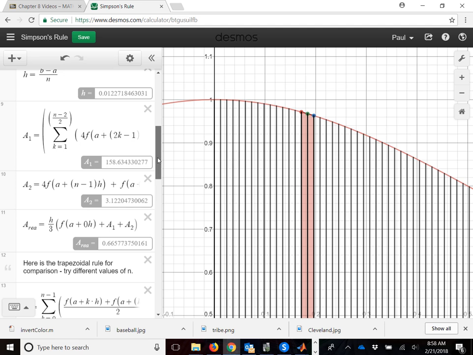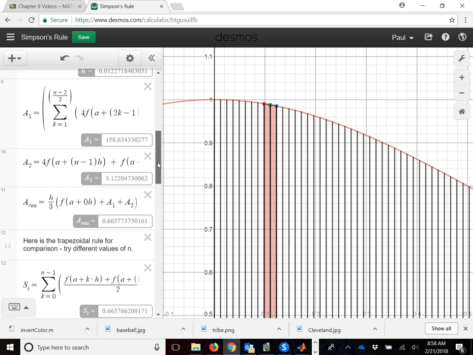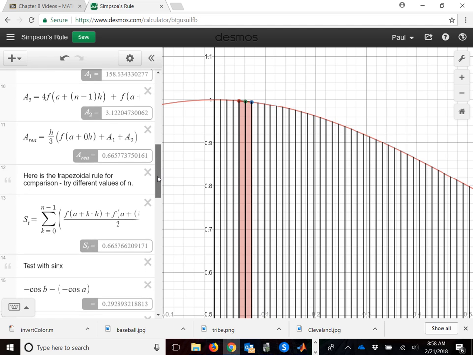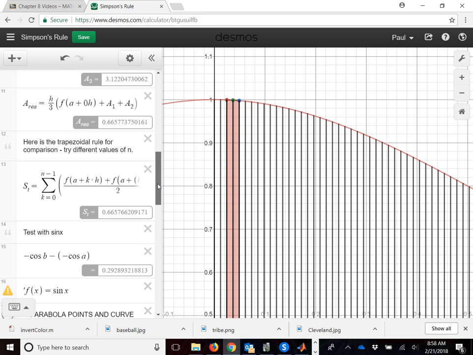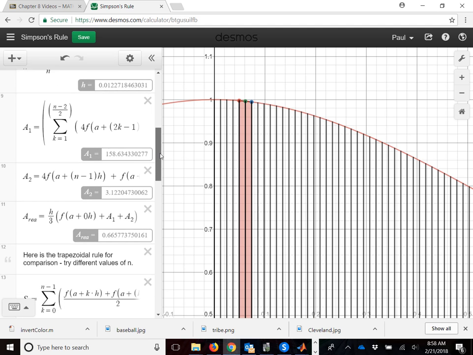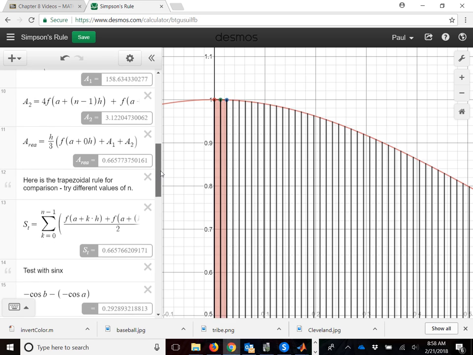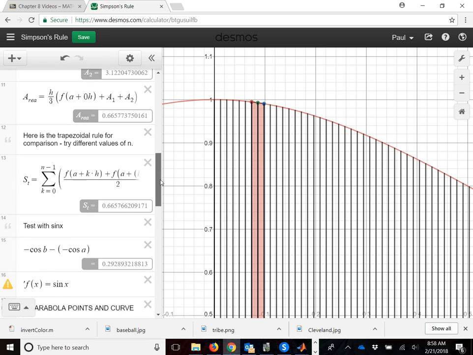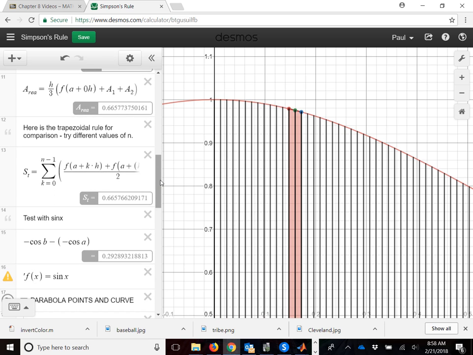And then what it's doing here is it's adding up some different areas. Then down below, it gives the trapezoidal rule. But right here, this is Simpson's rule. Notice that you have some 4s and you have some 2s and you have the h over 3. So my Simpson's rule approximation for number 34 was 0.6658.